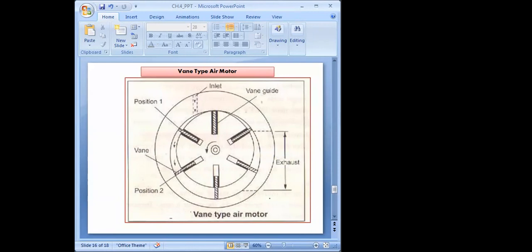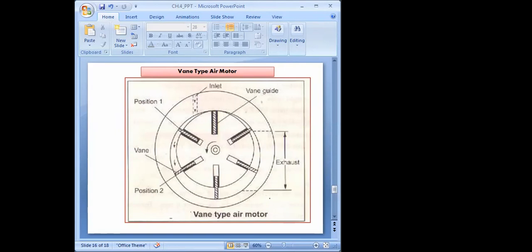You can assume position number one, position number two, and the rotor turns continuously due to the pressure of this compressed air. The pressure energy of the compressed air is converted into kinetic energy in the form of rotary motion and force.